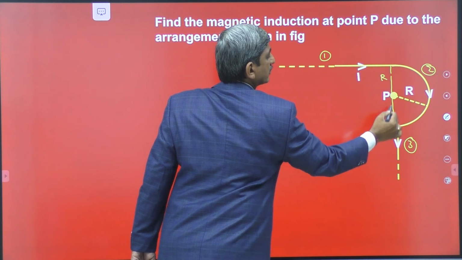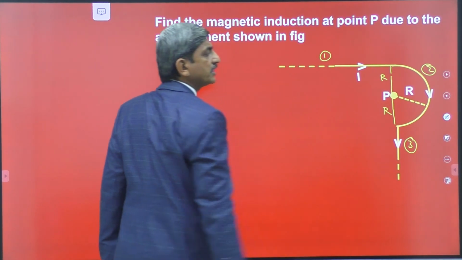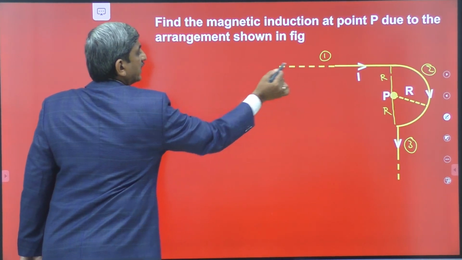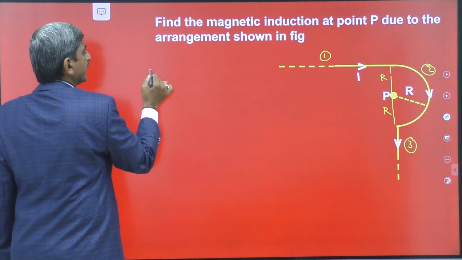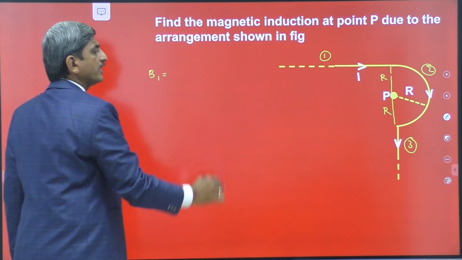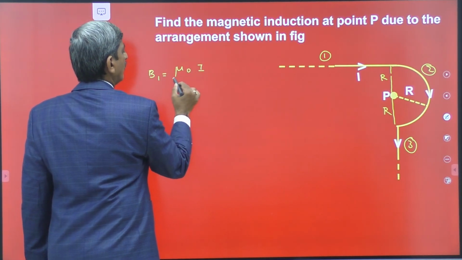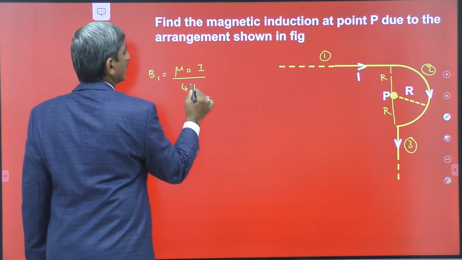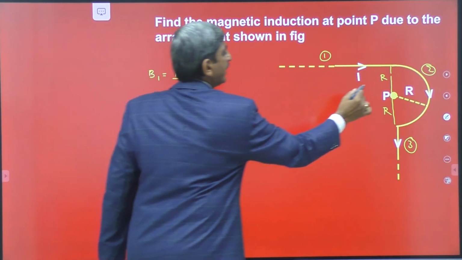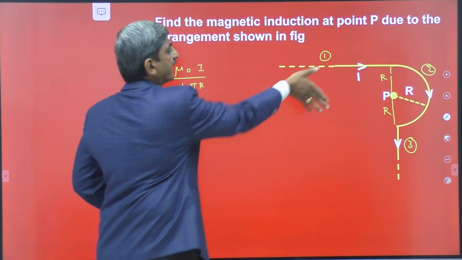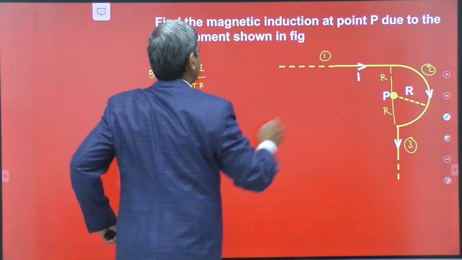This one is also equal to R, and this one is also equal to R. Now, due to the infinite straight wire, the magnetic induction is given by B1 is equal to mu naught I divided by 4 pi R. Why? Because the point is nearer to one end of the infinite wire and the direction of the magnetic field is acting inwards.